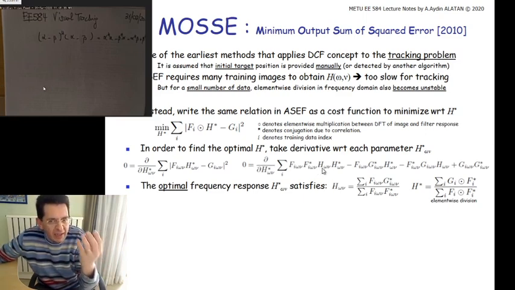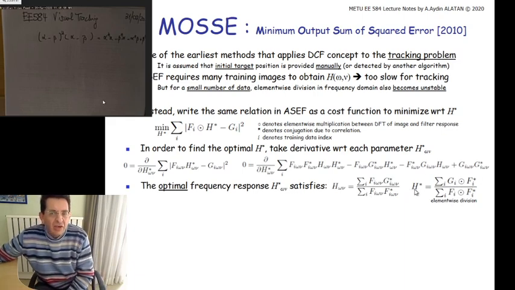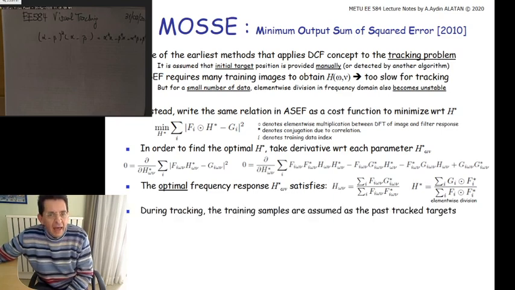We are just obtaining a summary for all frames. This h will be nothing but this result. Okay, this is a simple notation showing that element-wise division and element-wise multiplication you will obtain for every element in your h, and that's the resulting thing that we obtain. Therefore this is our final result. This is our optimal filter.